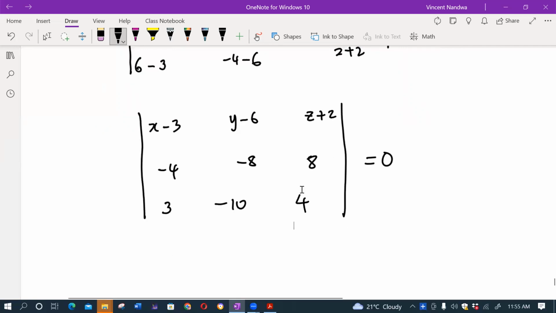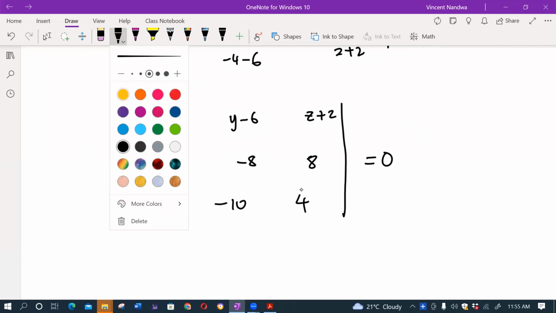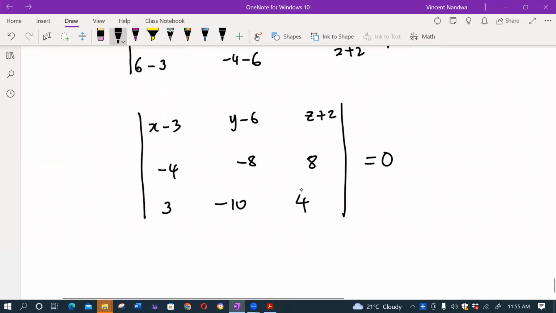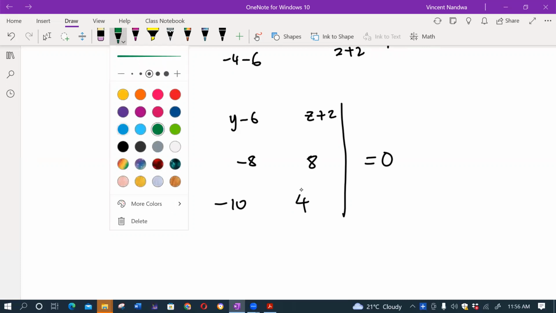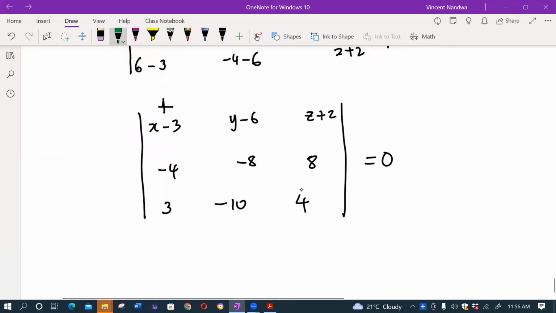Then remember, when you're finding a 3 by 3 determinant by cofactor expansion, this position has a positive sign, and then this position usually has a negative sign. This position has a positive sign.